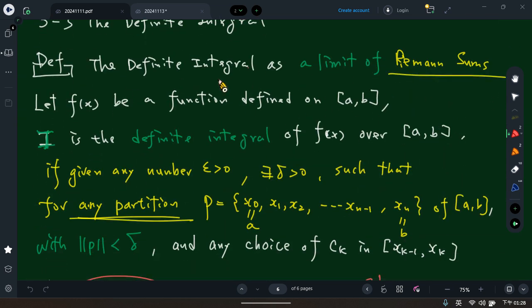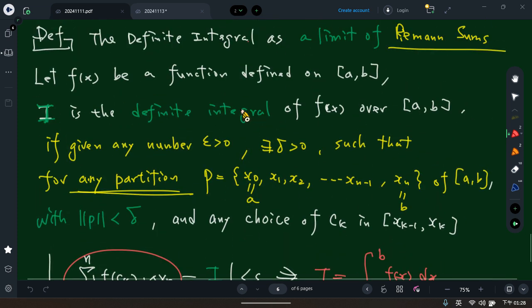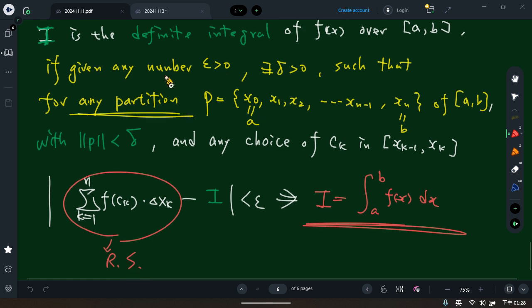Then, if we want to define the definite integral based on the limit of Riemann sum, we give a very precise definition for the definite integral. That means if I give you any epsilon, then I can always find a corresponding delta. The delta will be used to constrain the partition.